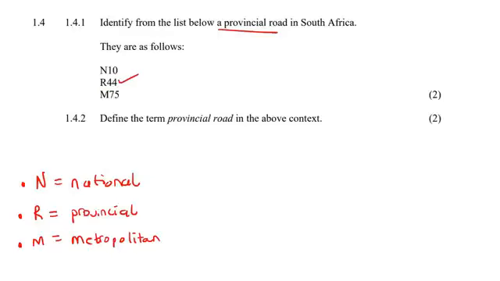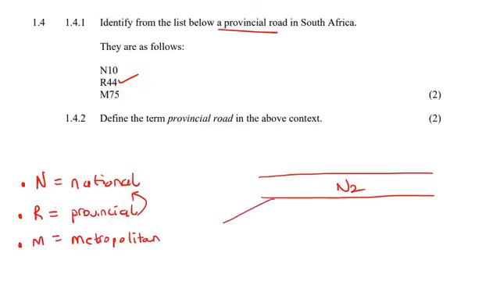Define the term provincial road. Okay, well, the way it works is that these provincial roads that we get in different areas, if you follow them, they eventually feed to the national roads. So for example, here's a national road. Let's call this the N2. And then we've seen in real life on the N2 or on the highway, you've got off ramps.